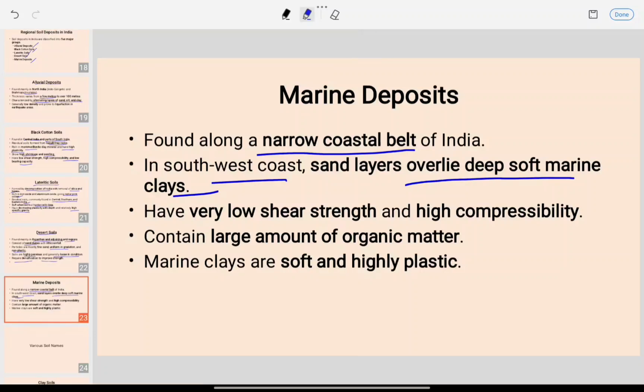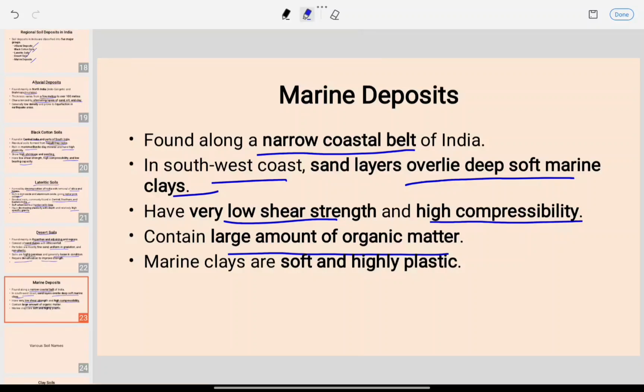From an engineering point of view, marine deposits generally have very low shear strength and high compressibility, which make them problematic for construction. These soils also contain a large amount of organic matter, which affects their behavior further.